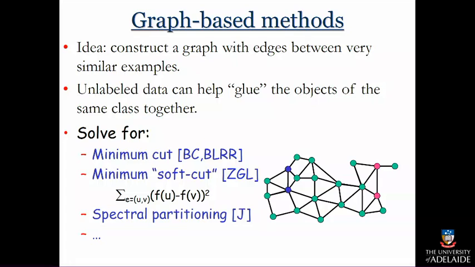After we construct the graph, we calculate the so-called Laplacian matrix, which encodes the neighborhood or connection information of the graph, and then we formulate the objective function and solve it.